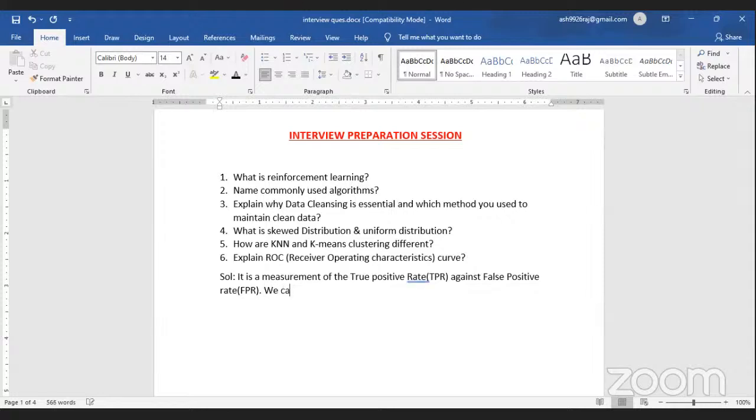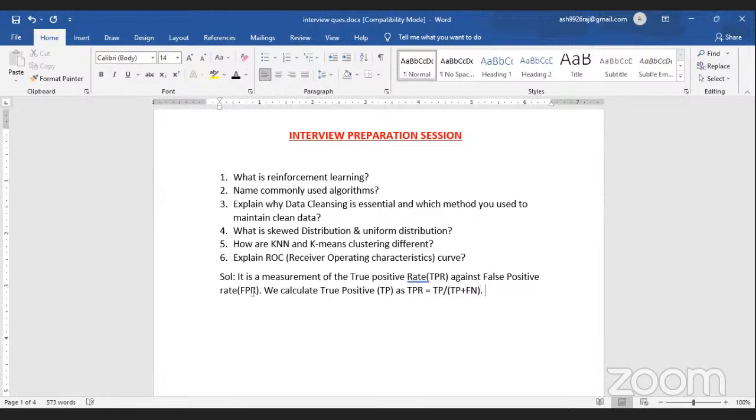So we calculate true positive rate, TPR, is equal to TP divided by TP plus FN, meaning false negative.